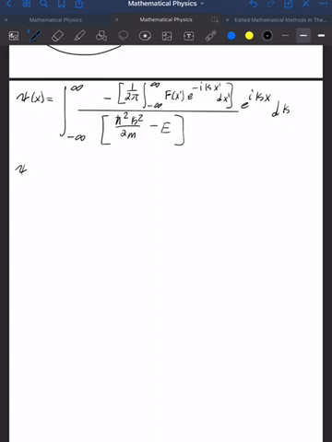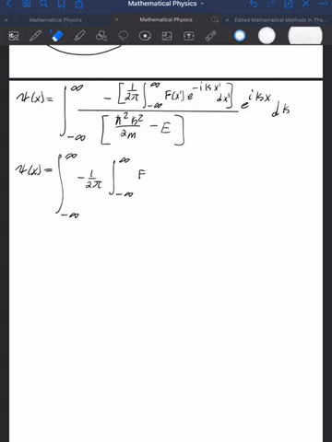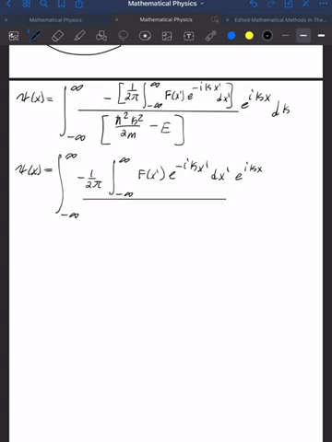So if we simplify, psi of x is equal to the integral from minus infinity to infinity of minus 1 over 2 pi times the integral from minus infinity to infinity of f of x prime e to the minus i kx prime dx prime, e to the i kx over h bar squared k squared over 2m minus e dk.